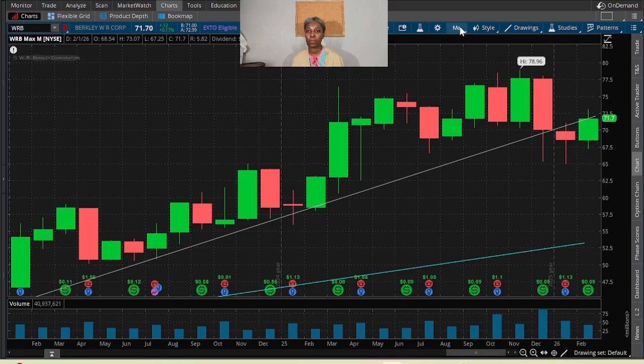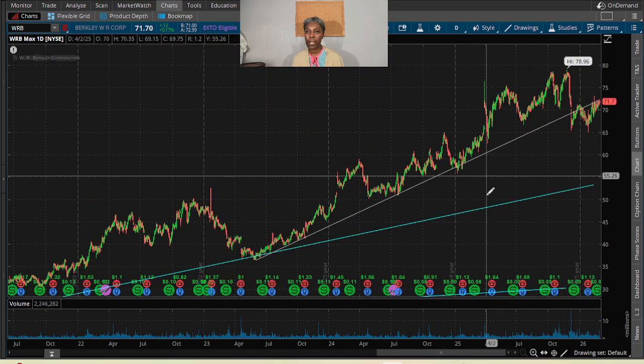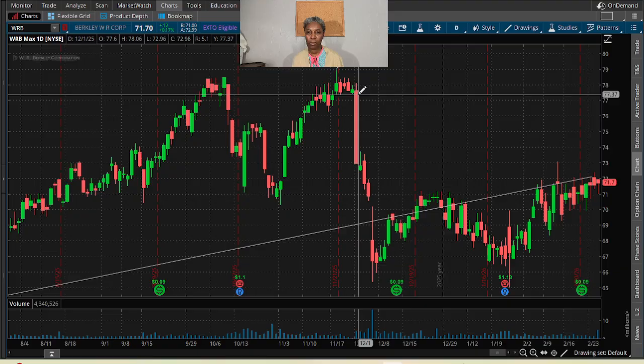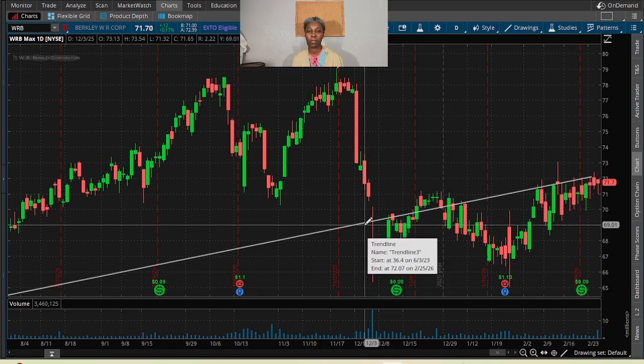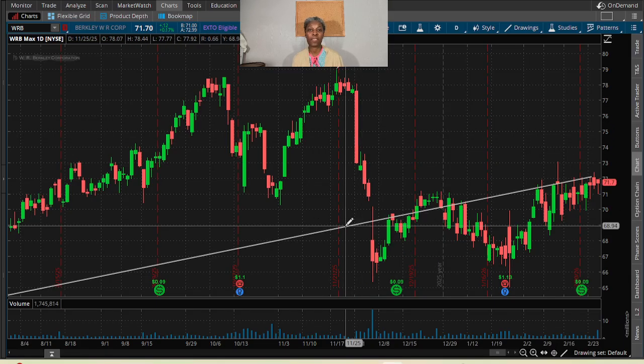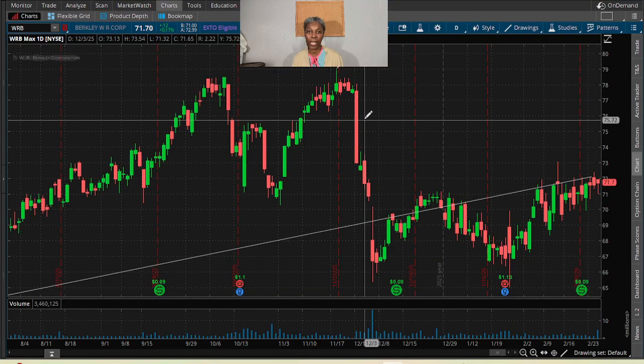Clearly it started that December on a higher level away from this area. So on a daily chart, let's say this is the value line that I wanted to buy at.